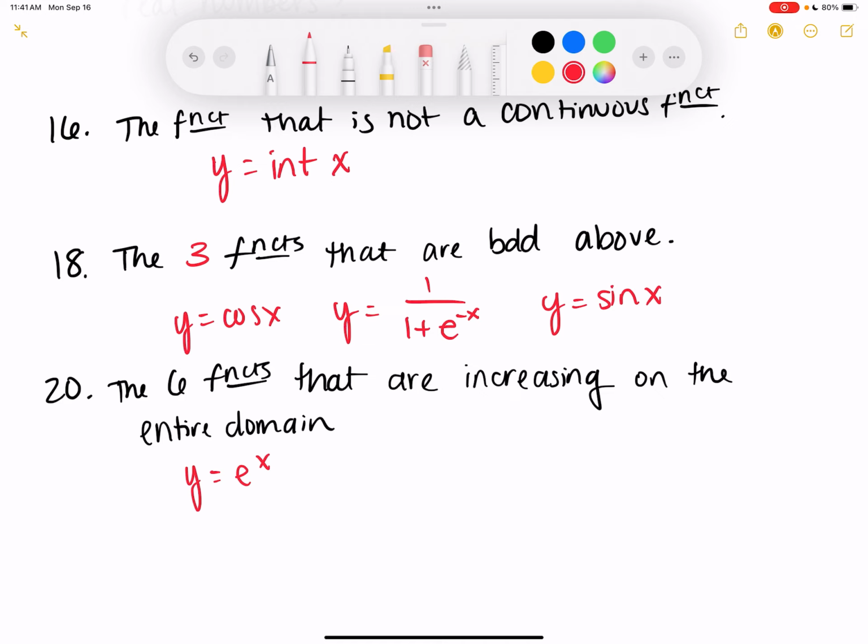Yes, y equals x cubed because it starts down here and comes up. So as x is getting bigger, y is constantly getting bigger as well. What else? ln x. Yes. We have 3. We need 3 more.